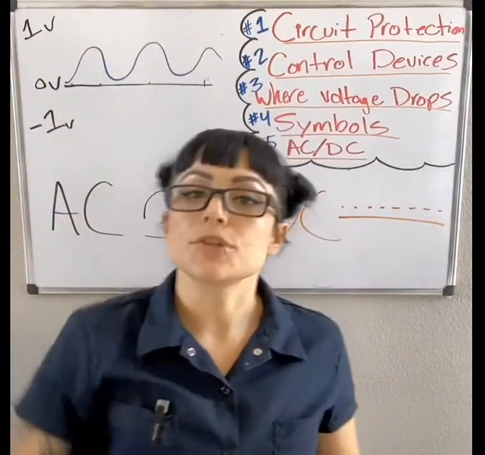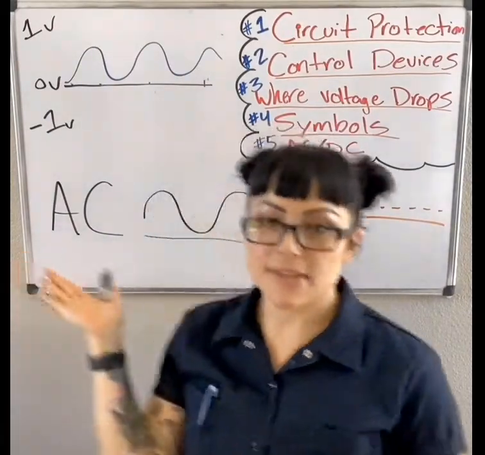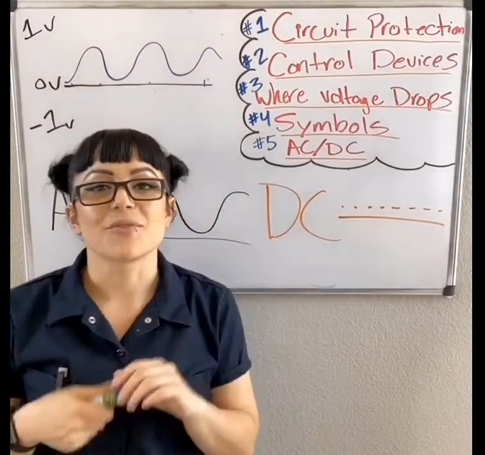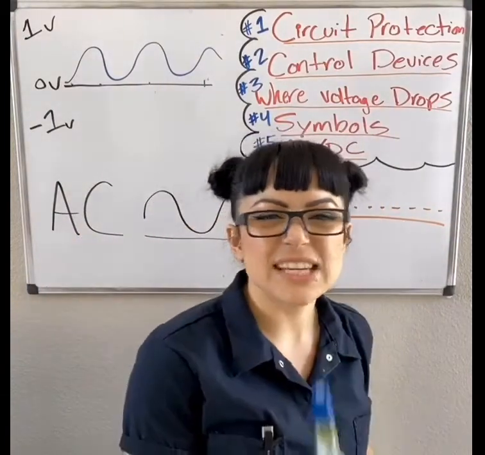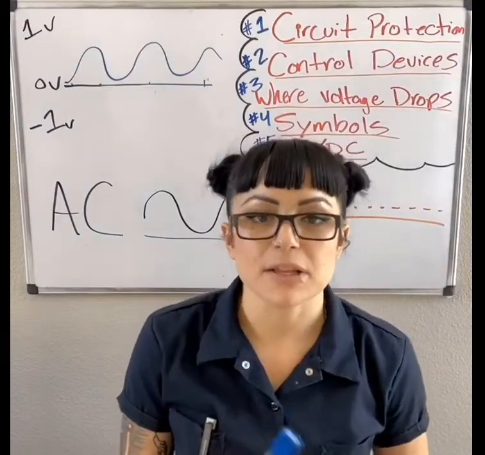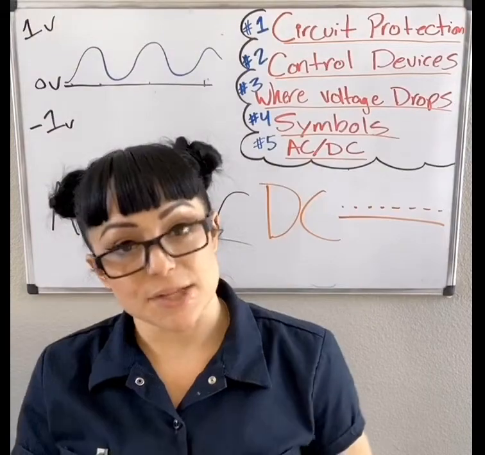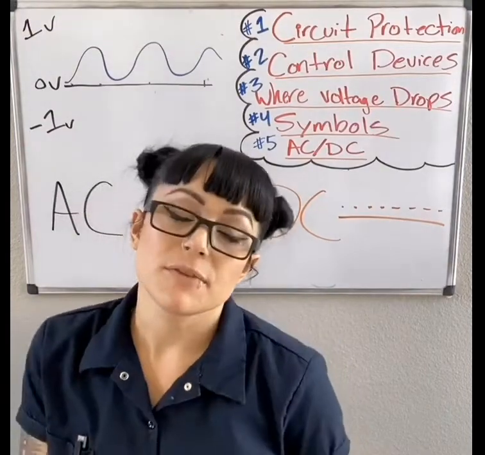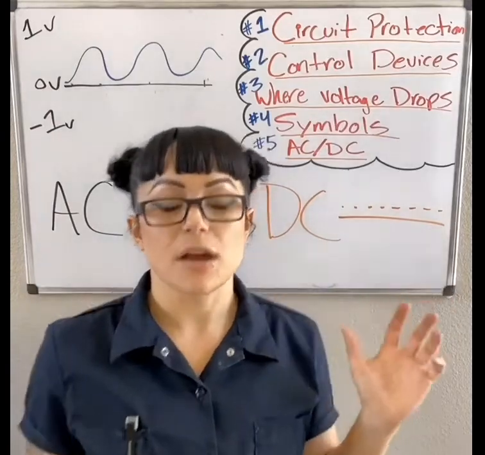It does not alternate between positive and negative. That's what AC and DC are referring to. I won't necessarily get into signals because this is an Auto 50 class, but this is different than analog versus digital. Those are a different type of signal than alternating current and direct current.